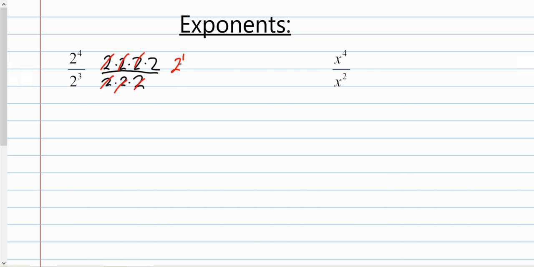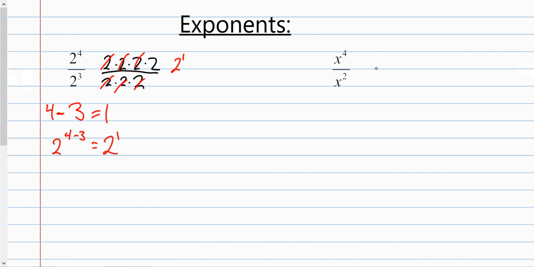I'm writing that exponent there to show something specific. How do I go from a 4 and a 3 to get a 1? Subtract. So the way I could show this is 2 to the 4 minus 3 gives me a 2 to the 1st power.